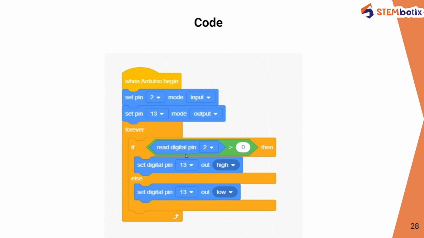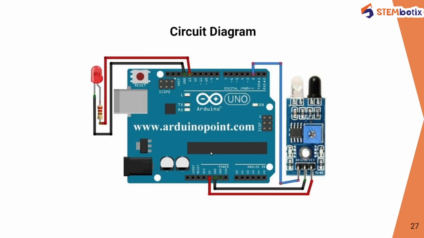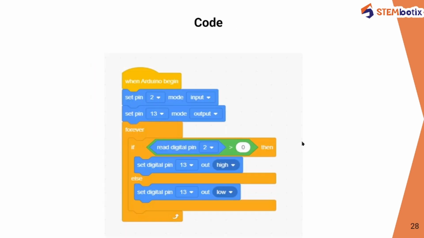So it will read digital pin number 2, because on pin number 2 we have connected the IR sensor. Using this block, we need one conditional block. First we will add two blocks from the control category, the forever block and the if and else block. Under the forever block, connect this if and else block and take a reporter block of greater than.